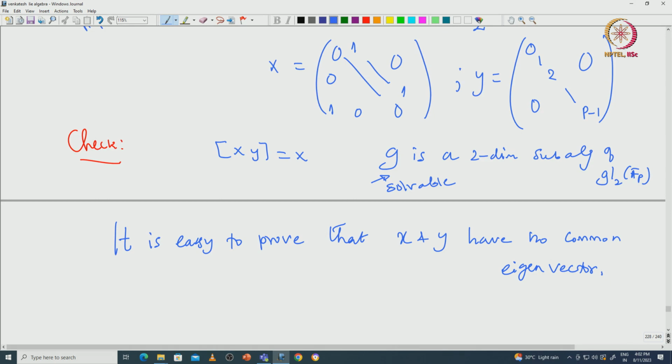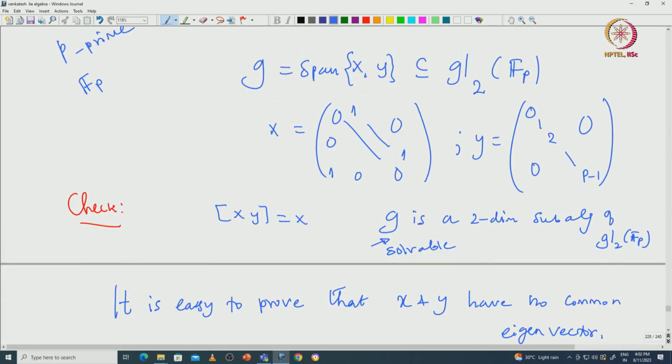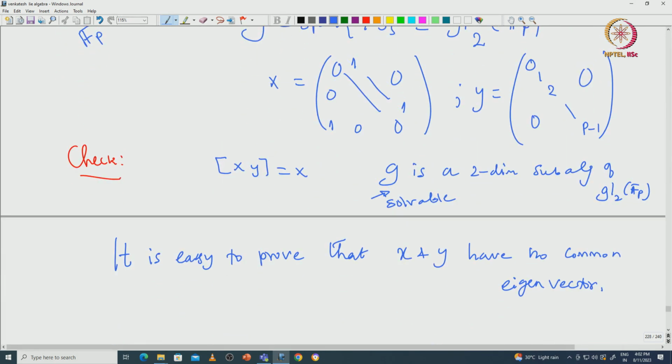But here we have established a two dimensional example over F p that does not have any common eigenvector. Again, I urge you to check these facts; they are not very difficult to prove. In particular, the conclusion of Lie's theorem fails over characteristic p fields. It is a very interesting example, that is why I wanted to state it here.